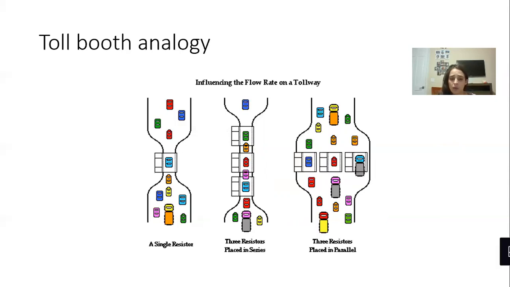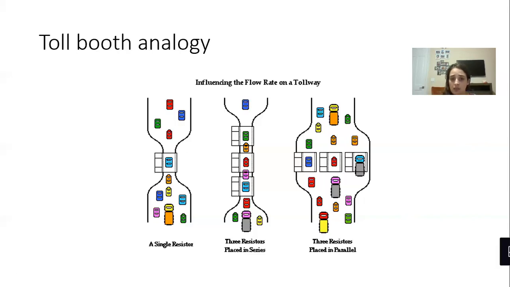That really stops the flow of current. It prevents the charges from flowing as freely as they should, and that's why it slows down the amount of current that's flowing. For a parallel circuit, the analogy is that you have three toll booths side by side. Even though there is still an obstacle there, there are more options for one car to go through.